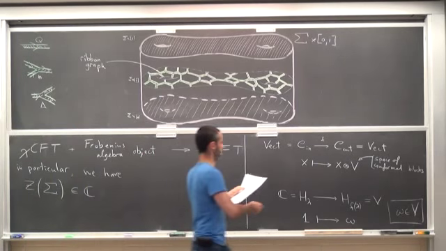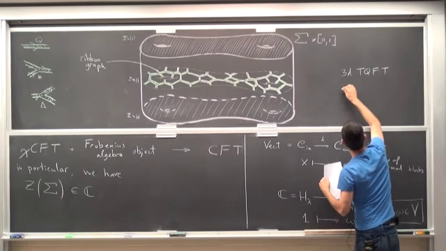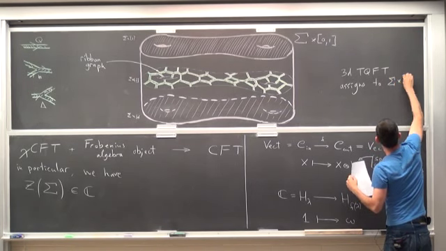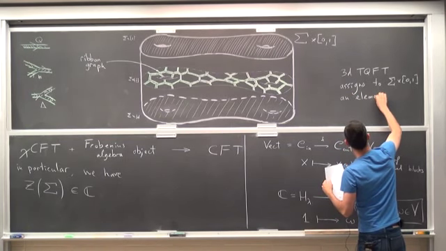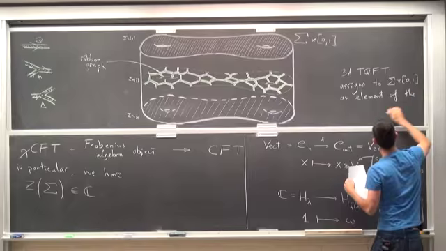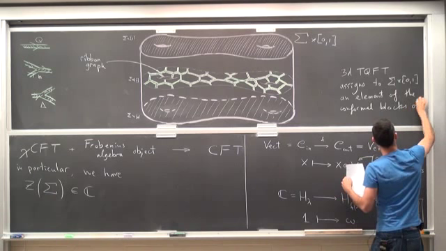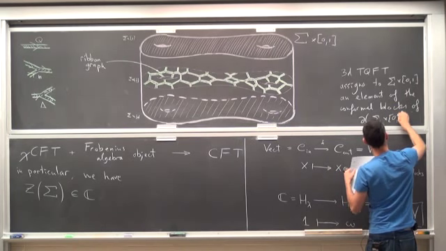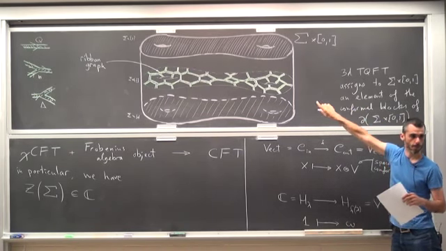So what is that? That's two copies of V. More precisely, one of them has one orientation, the other one has the other orientation.